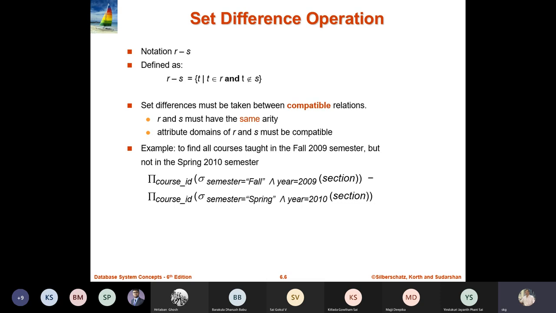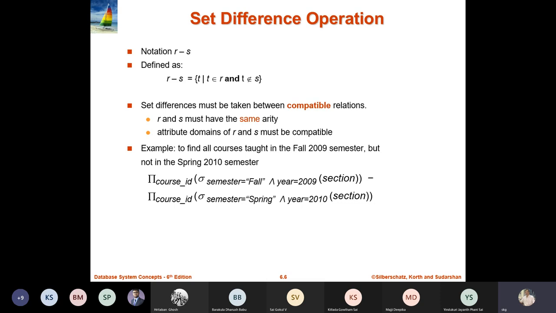For example, to find all courses taught in the fall 2009 semester but not in the spring 2010 semester. So course ID where semester is fall and year 2009, minus course ID where semester is spring and year 2010.